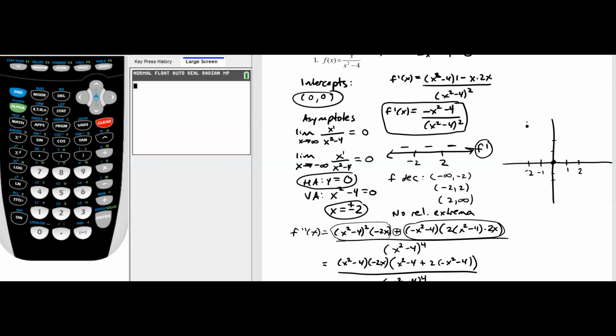We've got asymptotes right here, as well as right here. We also have a horizontal asymptote at y equals 0, and that's right here. So I've got a horizontal asymptote right along my x-axis.